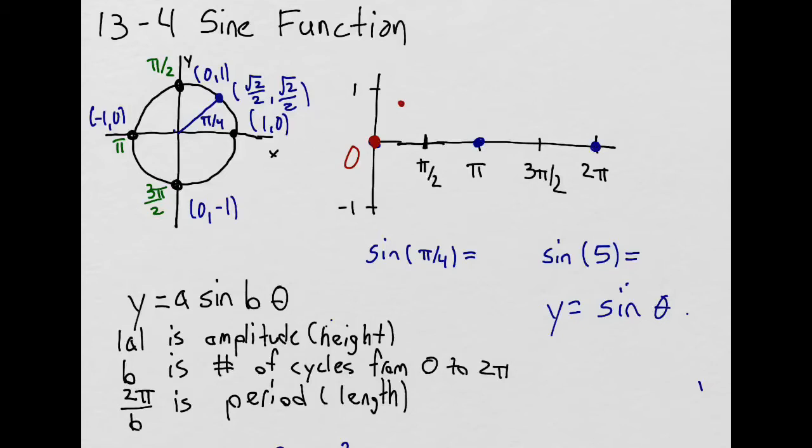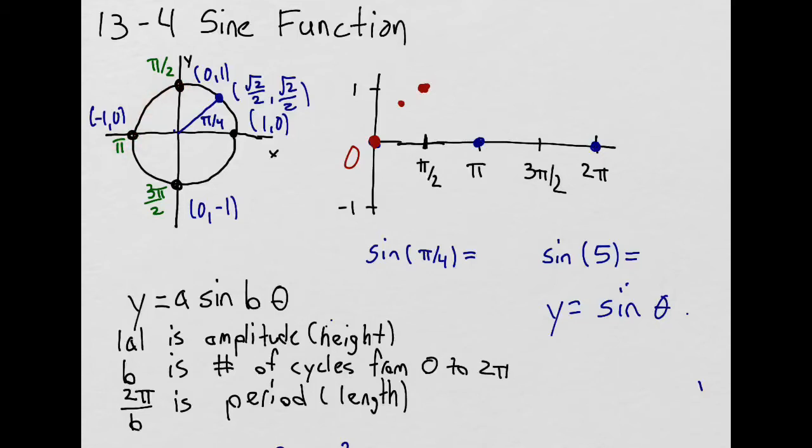Next up, we keep on rotating and get to pi over 2. Look at the y value there. It is 1, so I'm going to put a 1 there for pi over 2 and draw that in. Now that we're past pi over 2, y is decreasing, and it goes back down to 0 at pi.